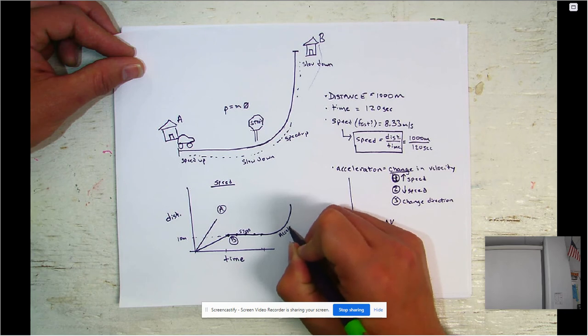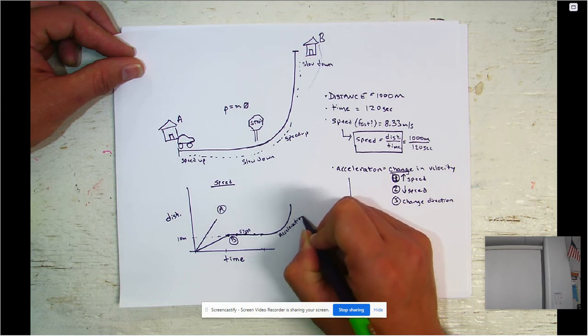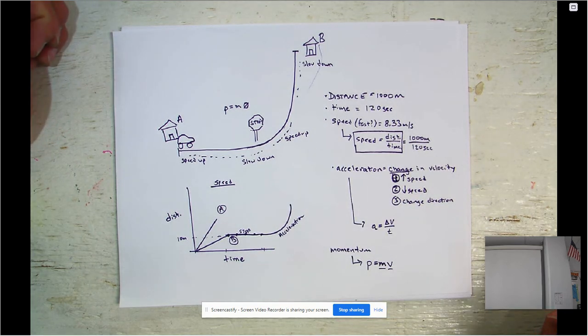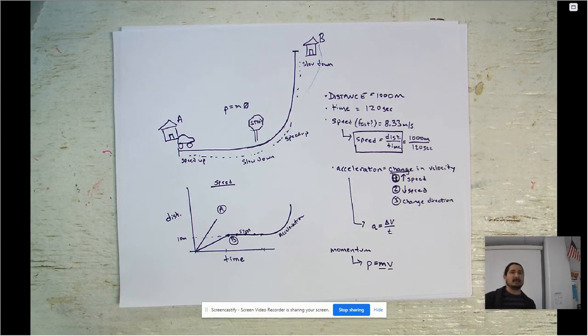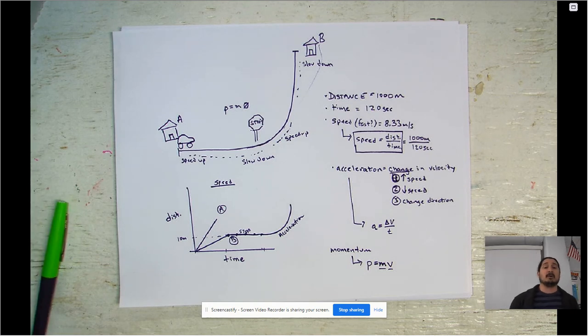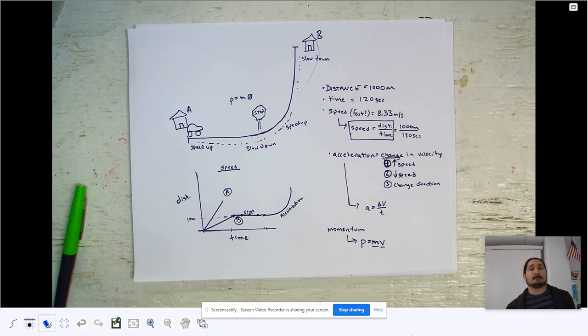So acceleration is when you have a curved line. And that's really the big ideas behind motion. Understanding these will help you to understand motion a little bit more. Okay? So hopefully that helps you look at your activity, and then you can also be able to set up your assessment.